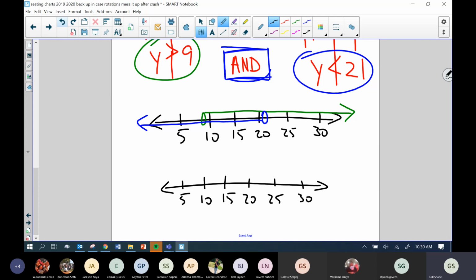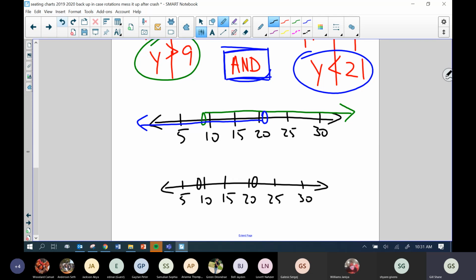All right, well, where do I have both lines? Well, I'm just going to put circles in the same place first. So I would put one open circle on 9, and I'd put one open circle on 21. So again, same exact thing I have above as far as the circles go. If one of those was filled in, I would fill it in, but they're not in this problem.